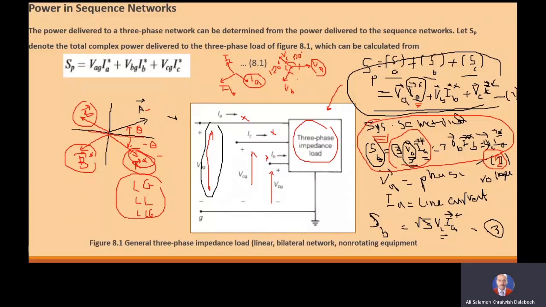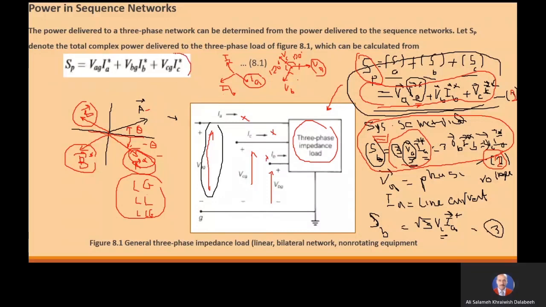Since the system is unsymmetrical after the fault, we should use equation number 1 for calculating the apparent power.